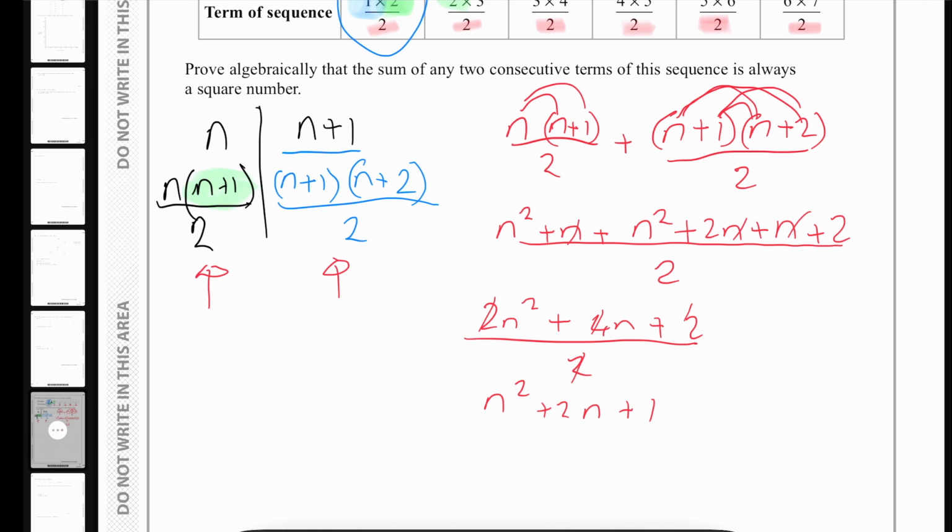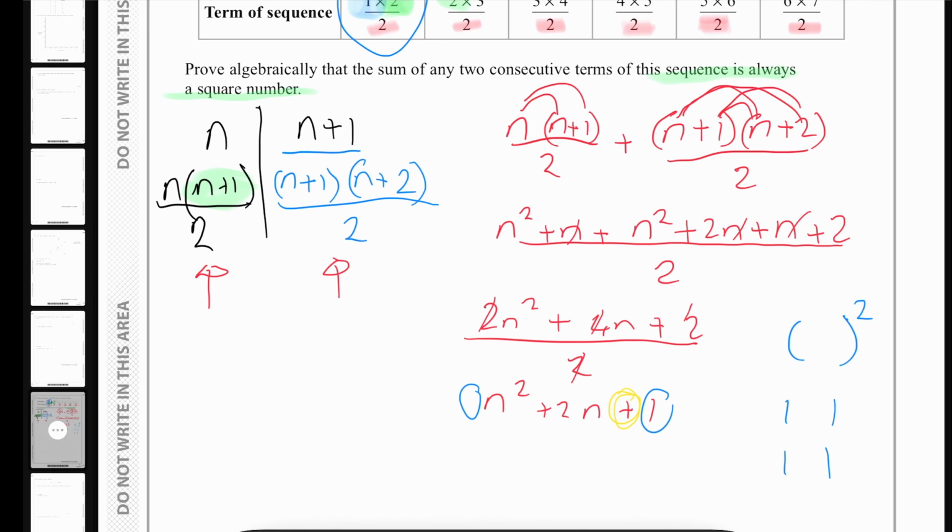What we need to look at here is we need to prove that the sum of those two numbers is always a square. So we need it to be something like that. So I'm going to factorize this. The factors of these two numbers, 1 and 1, 1 and 1, and there's a nice little trick.